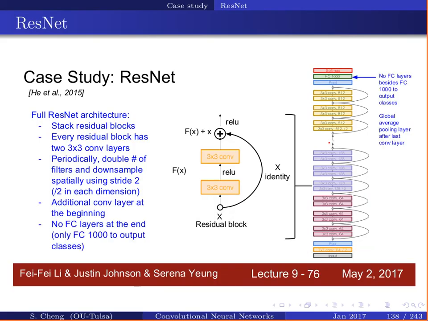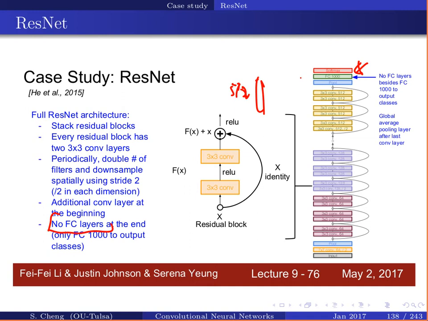And they don't have a bunch of fully connected layers, but they keep one fully connected layer. So unlike GoogleNet, they use average pooling. They have average pooling to get down to 512.